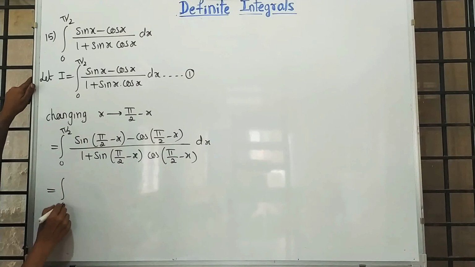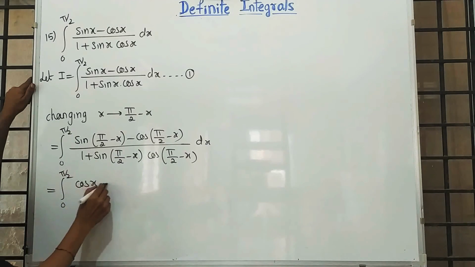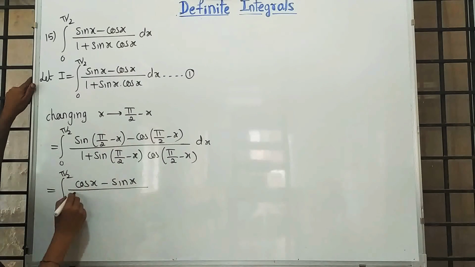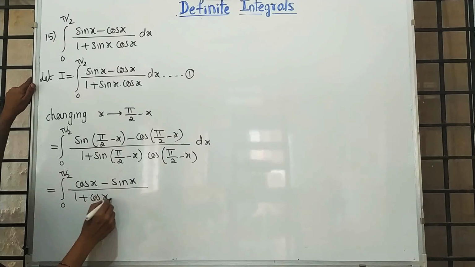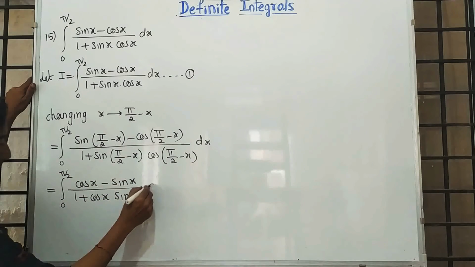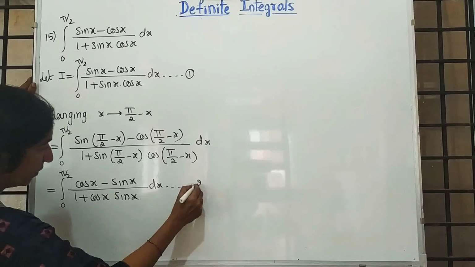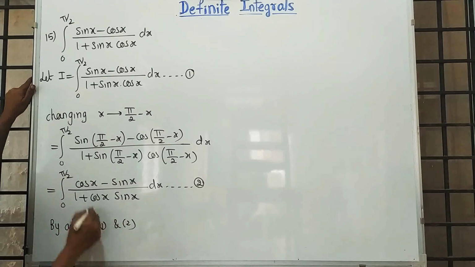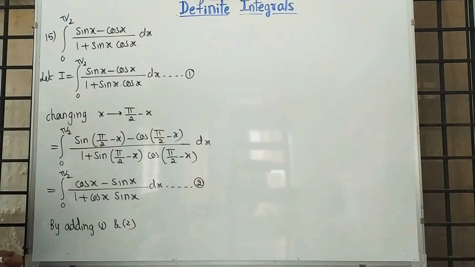Already we are familiar with allied angles. Sin 90 minus theta is cos theta. Cos 90 minus theta is sin theta. In place of theta we have x. Let us call this equation 2. By adding 1 and 2, yes, what you are observing in equations 1 and 2 is that their denominators are the same.